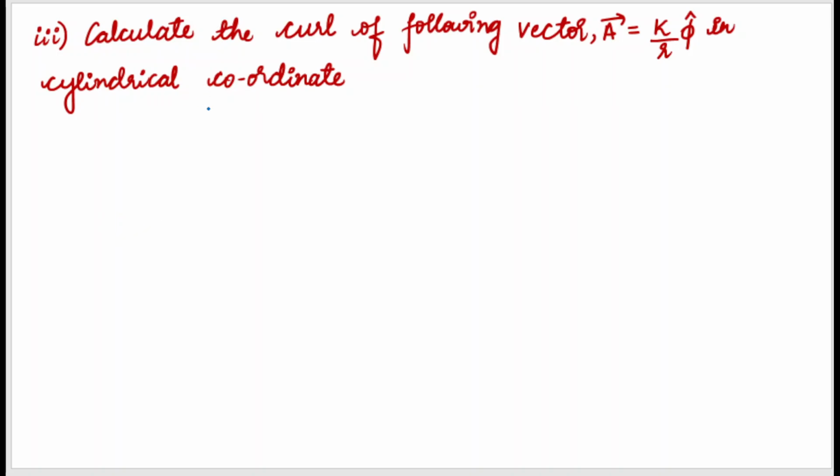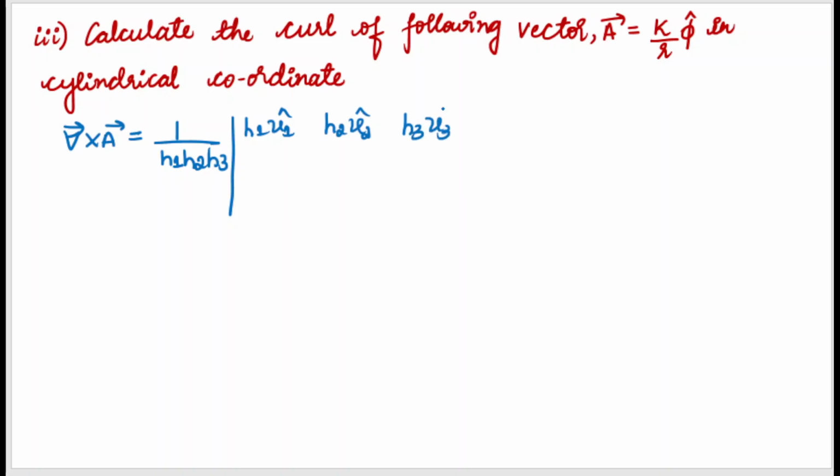So let us solve this question. Calculate the curl of the following vector, that is a vector which is equal to k divided by r phi cap in cylindrical coordinates. So how to write the curl of a vector? Curl of a vector is nothing but 1 divided by h1, h2, h3 into the determinant of h1 u1 cap, h2 u2 cap, h3 u3 cap, right?